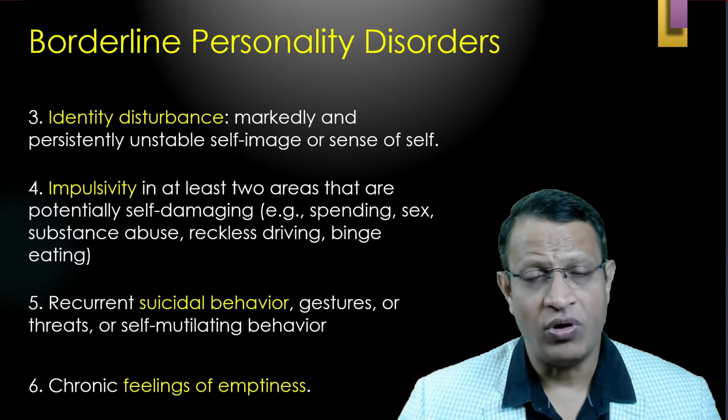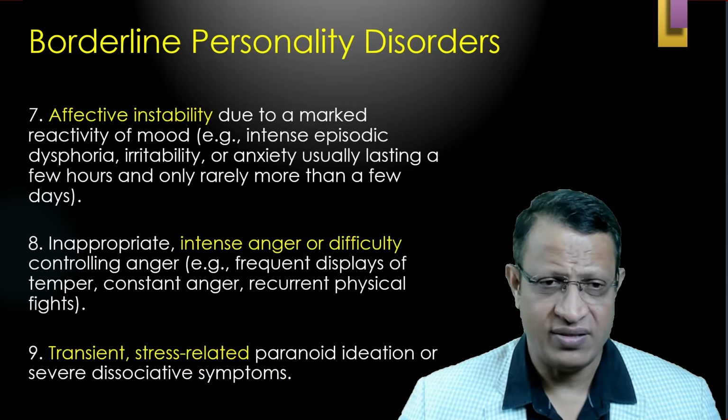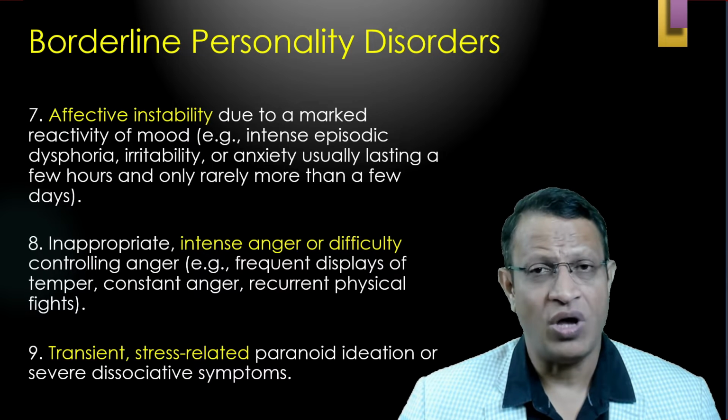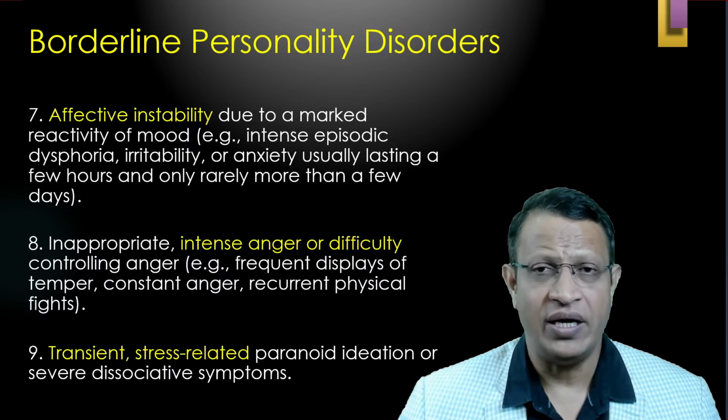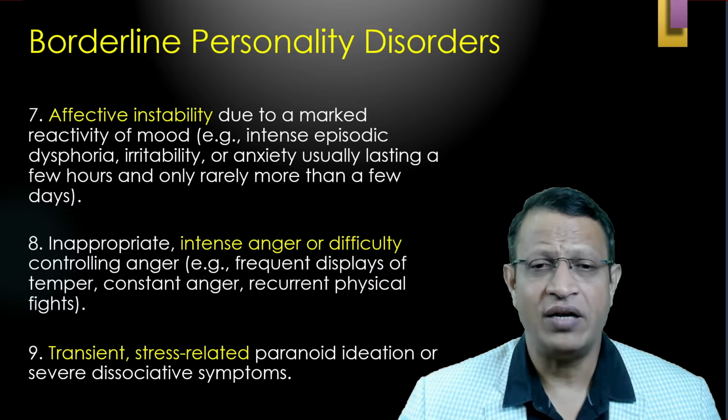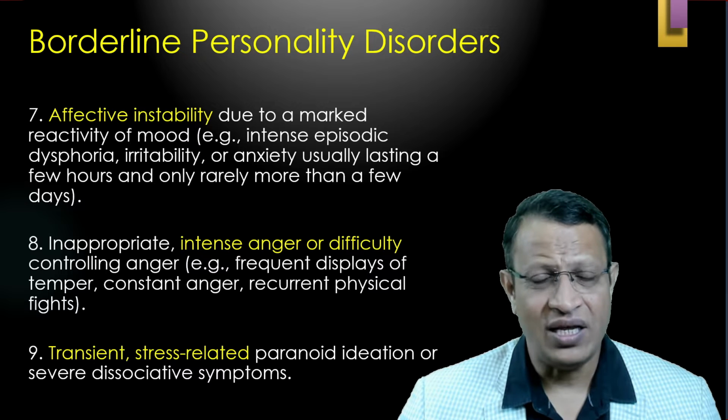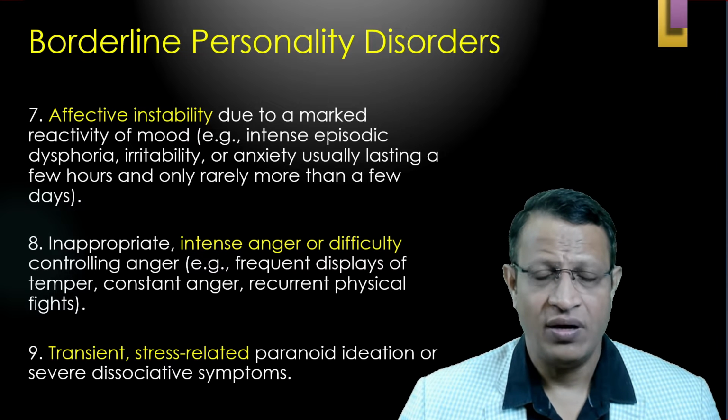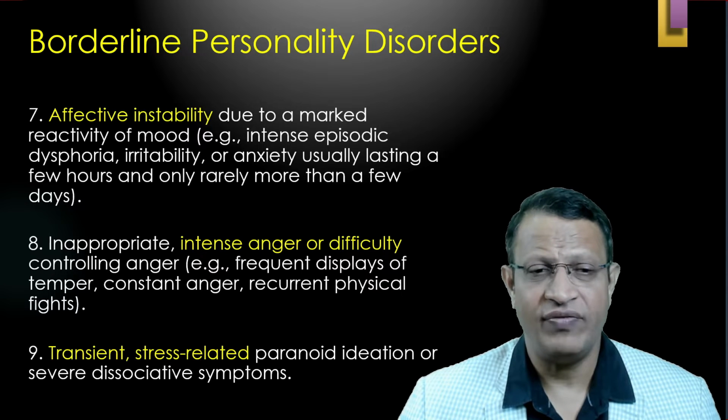They also report a chronic feeling of emptiness. Invariably, they also have affective instability due to marked reactivity of mood, that is, intense episodic dysphoria, irritability, and anxiety, which usually last a few hours and rarely more than a few days.